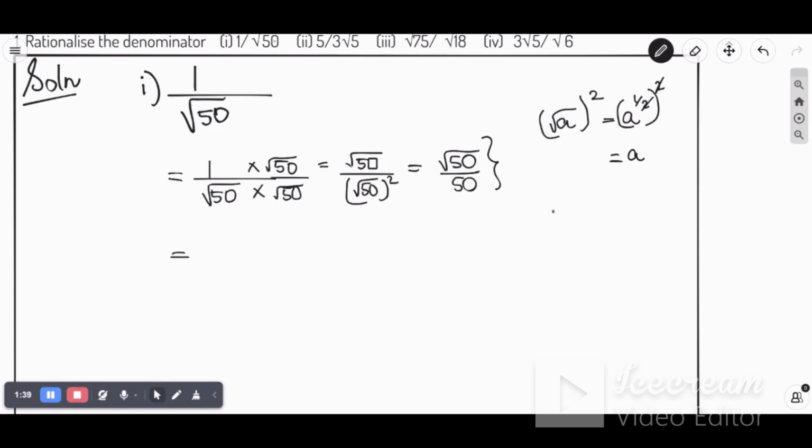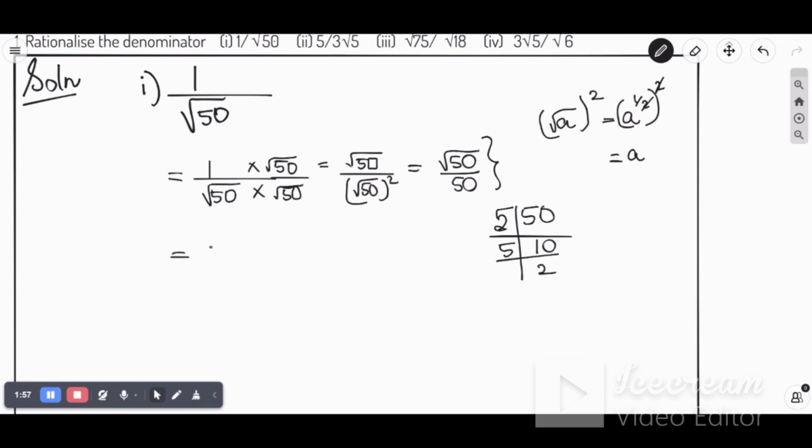So let us try simplifying it. 50, how can you write your 50? Let us factorize this. 50 gives you 10 here, and the second step will be 5 and 2 again.